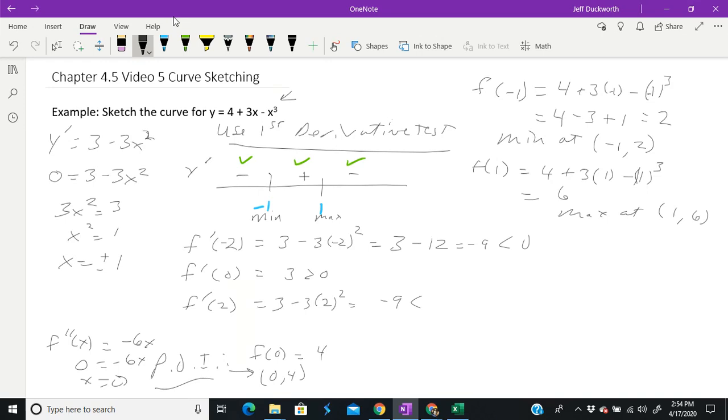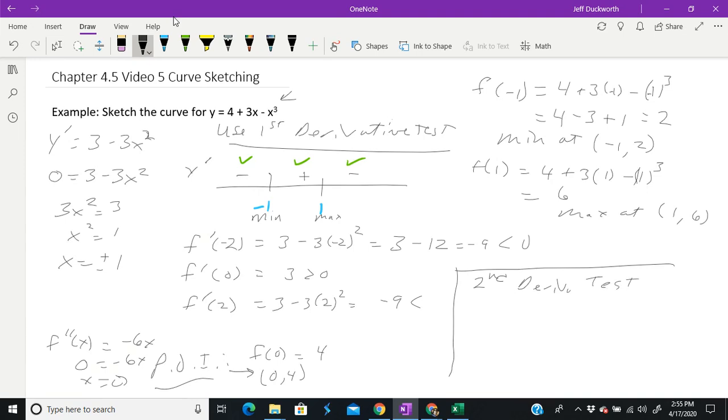Let's see if we can graph this out. Or you know what? I'm going to perform the second derivative test anyway, just to show you the values there. We don't have to do this because we found the values with the first derivative test, but let's just do it.